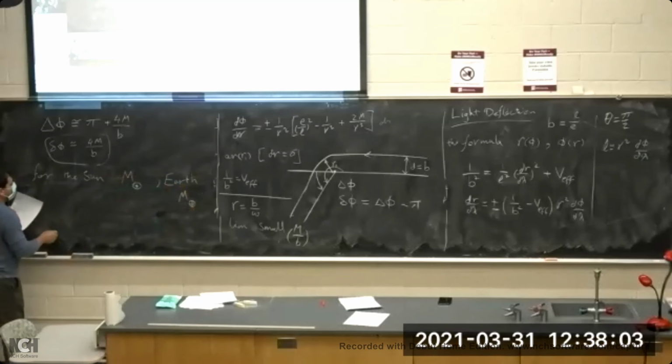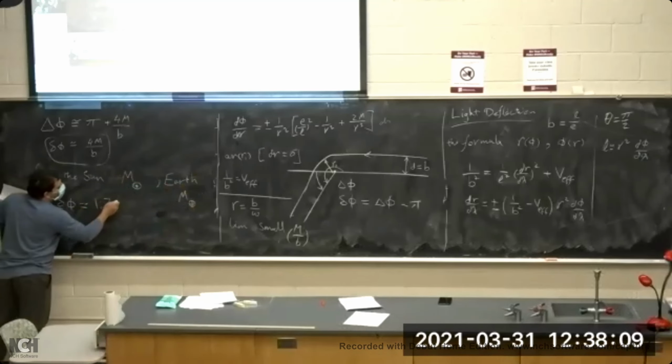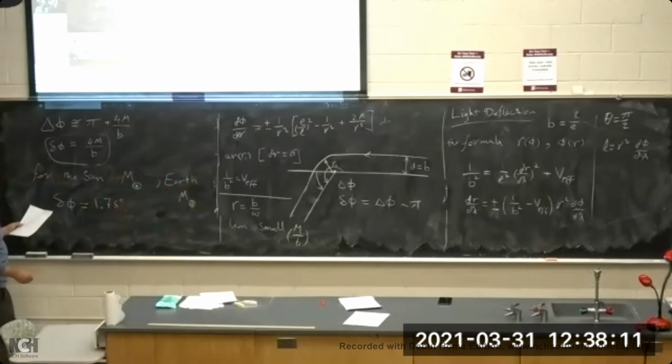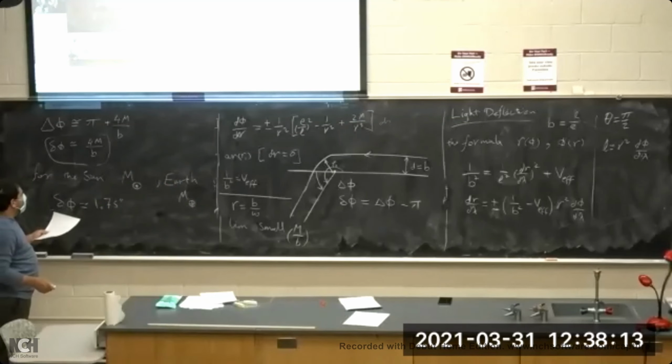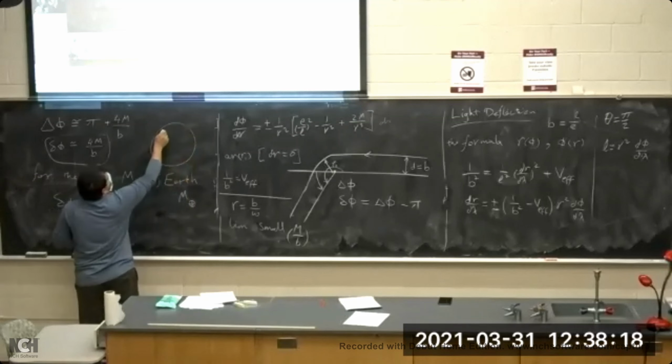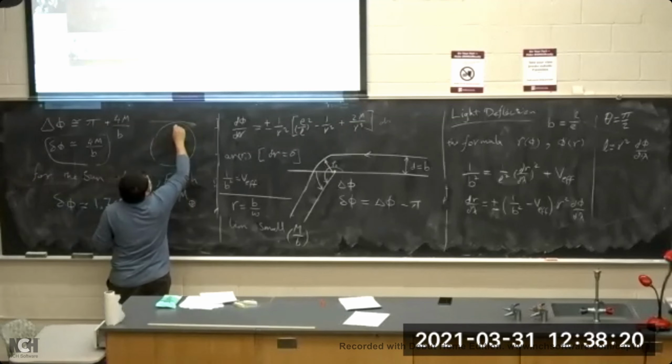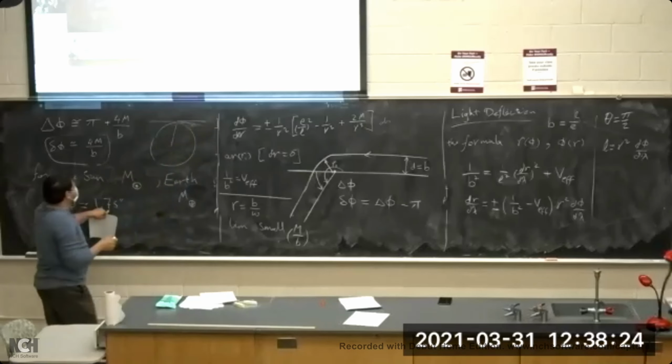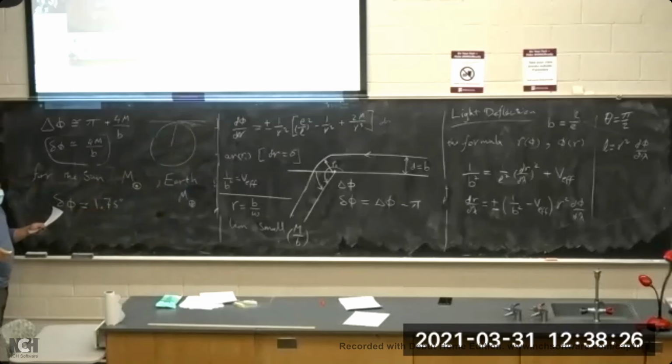For the sun, delta phi is equal to 1.75 seconds of arc. For a light ray coming in just at the edge of its surface, it will be deflected by this small angle.